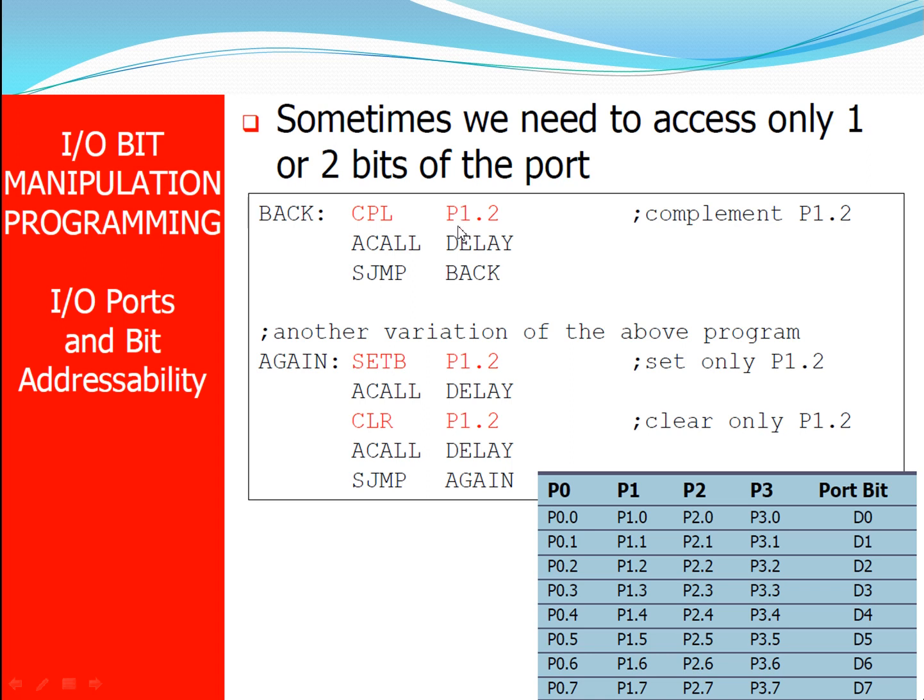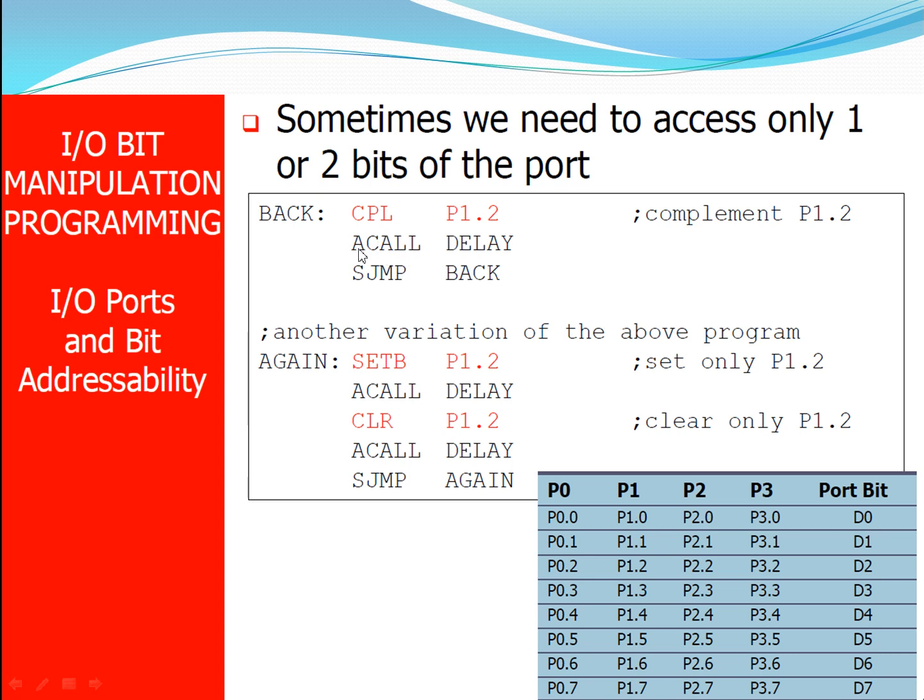If you want to complement a particular bit, here I want to complement P1.2, so directly you can write CPL P1.2. That means it only complements the P1.2 pin in port 1. It will not disturb the other pins.